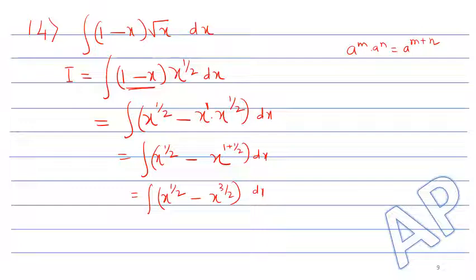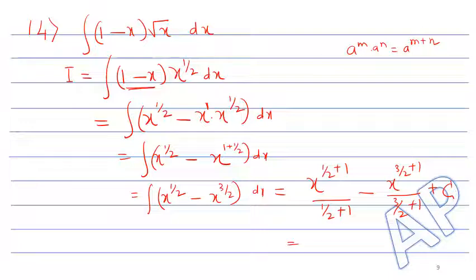So let us integrate each term. That is x to the power of half plus 1 by half plus 1, minus, here I have minus, x to the power of 3 by 2 plus 1 by 3 by 2 plus 1, plus c, the constant of integration.